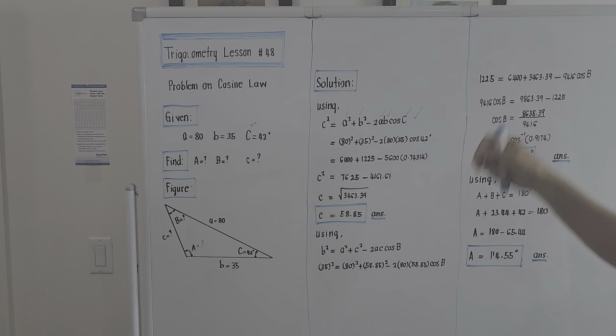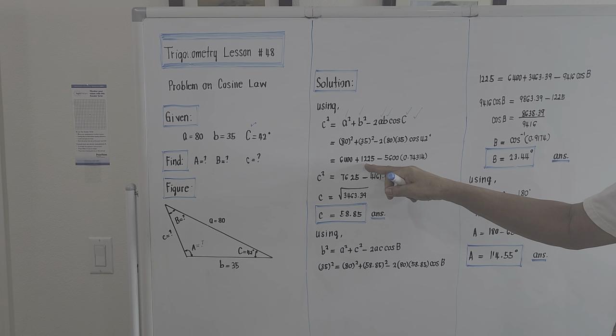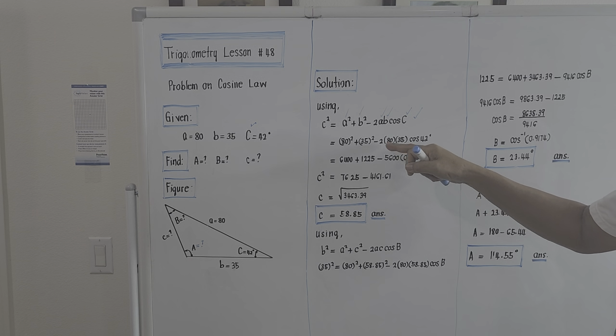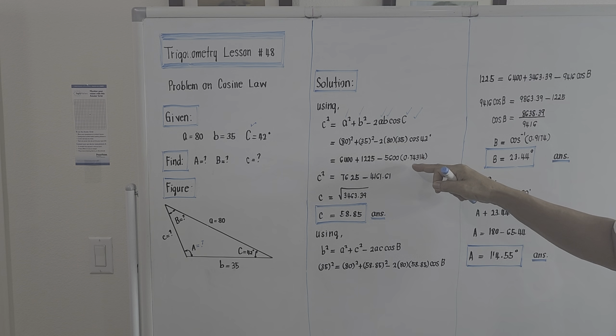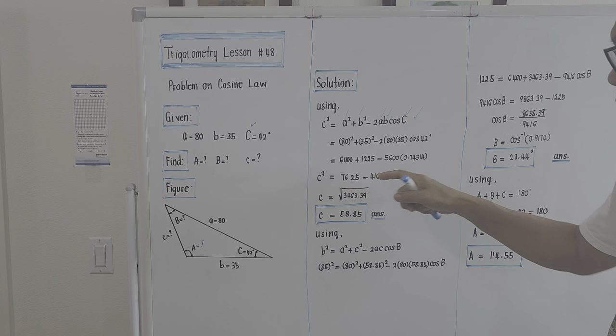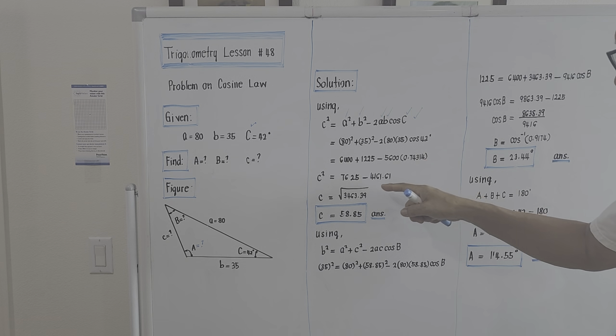Okay, 6400, 1225, minus 5600, the product of this, times cosine of 42, which is 0.74314. Taking the sum, this will be 7625. 5,600 times 0.74314 will be 4161.61.